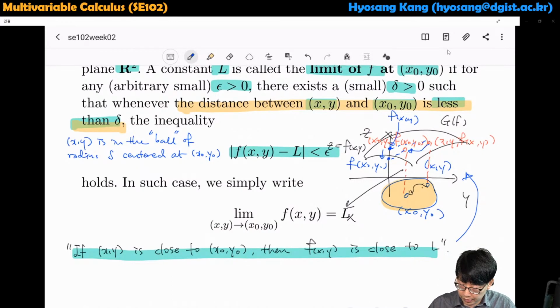Then I want f(x, y) to lie inside of the interval from L minus epsilon to L plus epsilon. Okay.